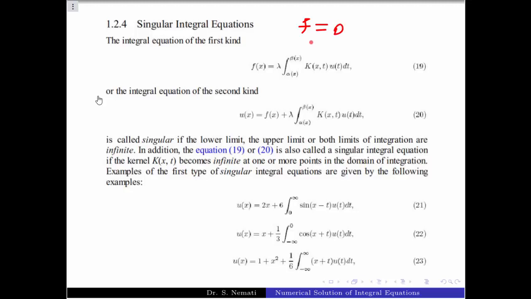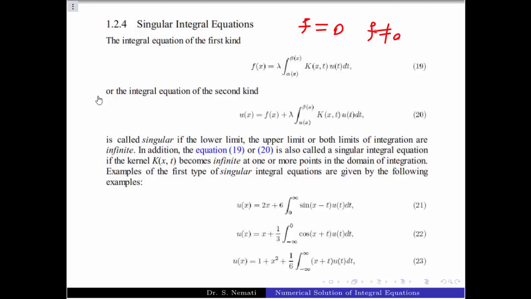When we have f equals 0, we have homogeneous integral equations, and when the function f is non-zero, we have non-homogeneous or inhomogeneous integral equation.